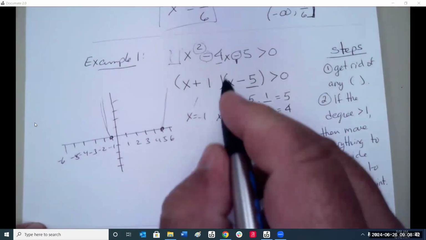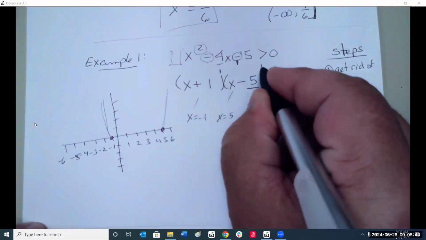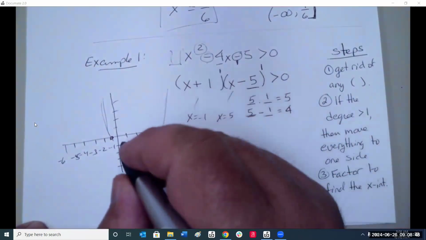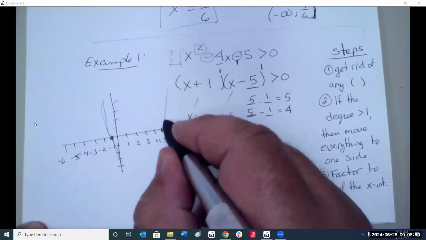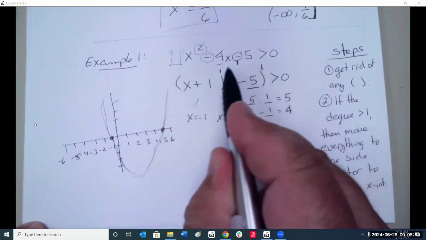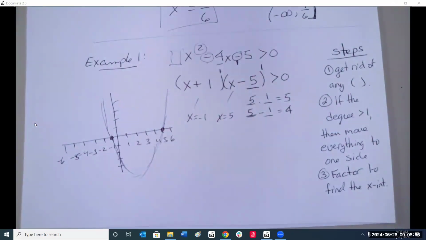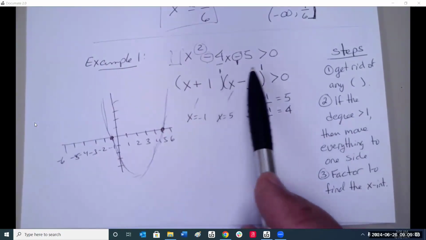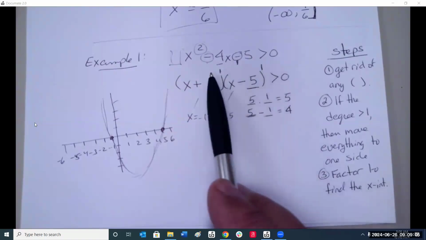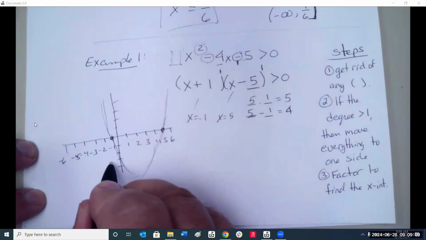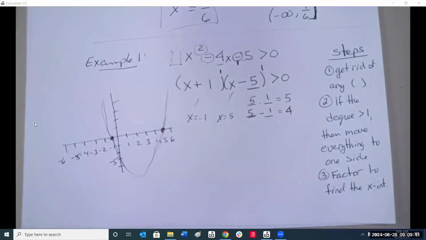Because once you factor it out, look at the multiplicities. If the multiplicities are odd, then it crosses. If they're even, then they bounce. Remember that rule? And the y-intercept is at -5, so we put -5 there.